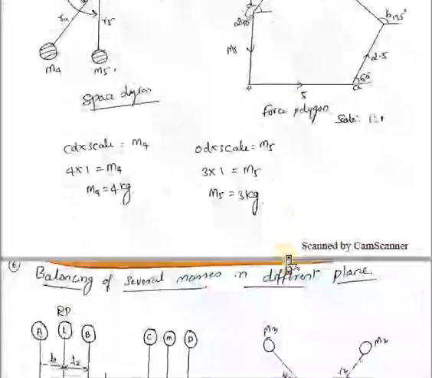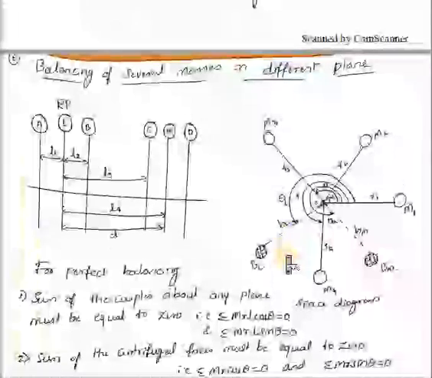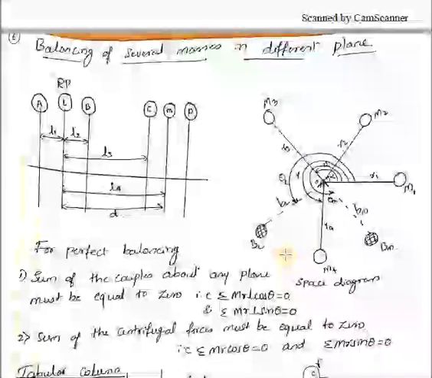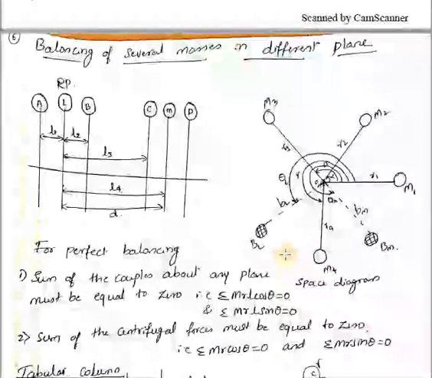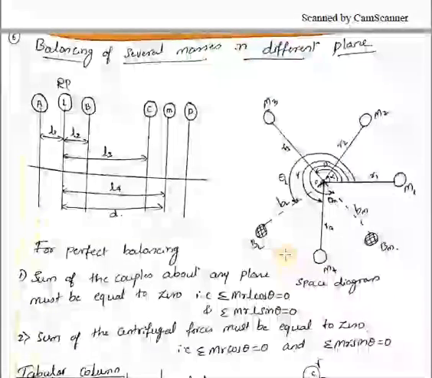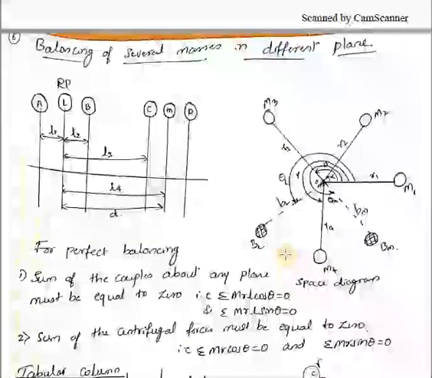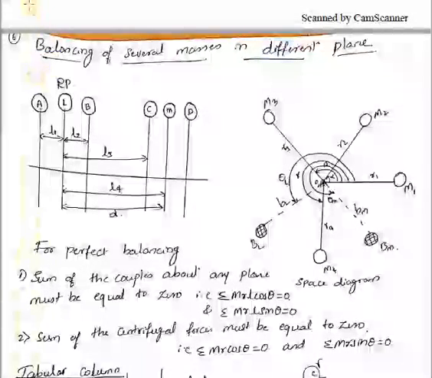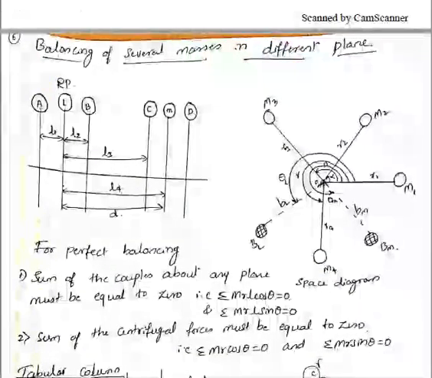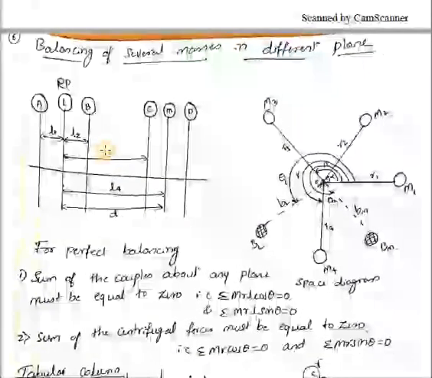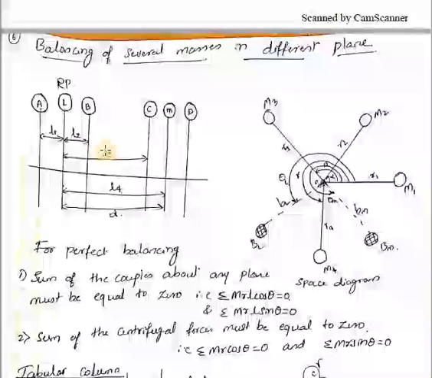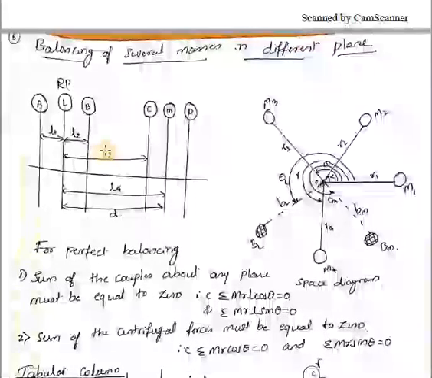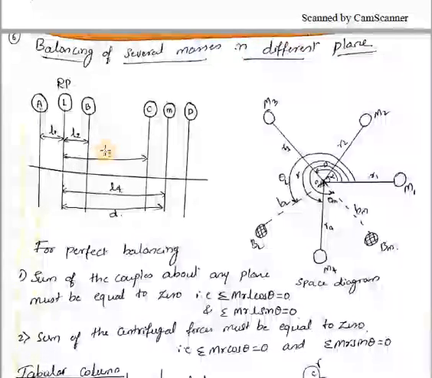Now moving further, here one more condition will come, that is balancing of several masses in different planes. So previous was balancing of several masses in the same plane, but here it is balancing of several masses in different planes. So let us consider a shaft which is carrying 4 disturbing masses M1, M2, M3 and M4, and they are revolving in the planes A, B, C and D respectively.